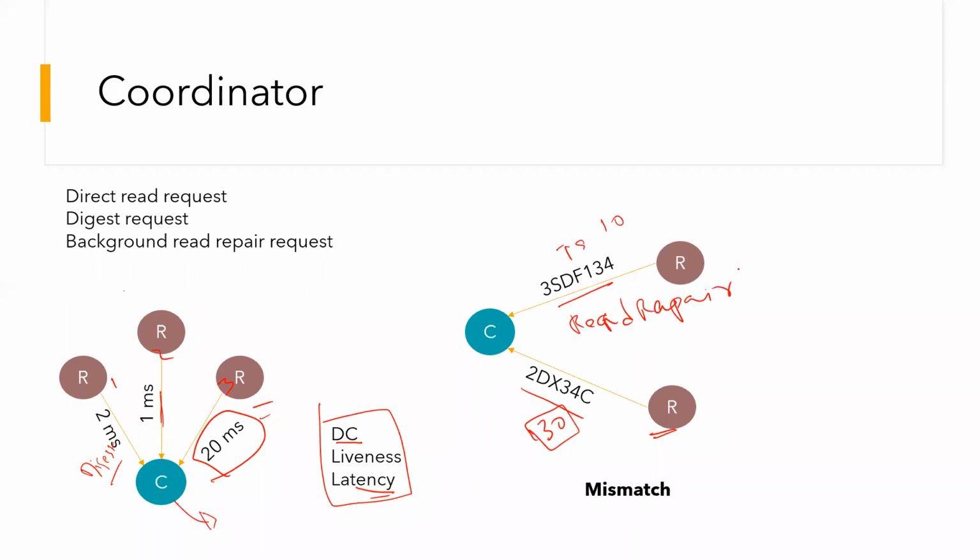There is also a gossip protocol happening, and there are concepts like dynamic snitch, which serve the purpose of this whole process of the coordinator doing the read repairs or serving the requests on top of the regular flow.